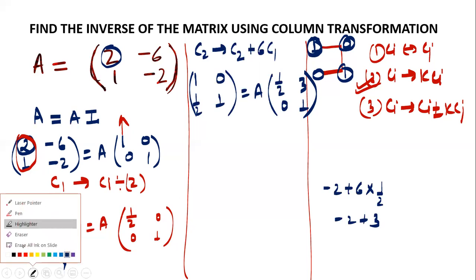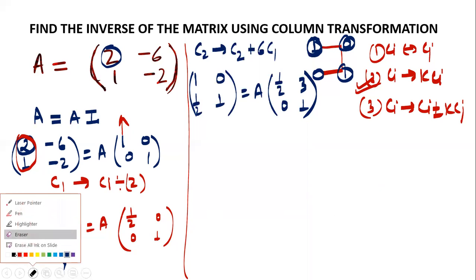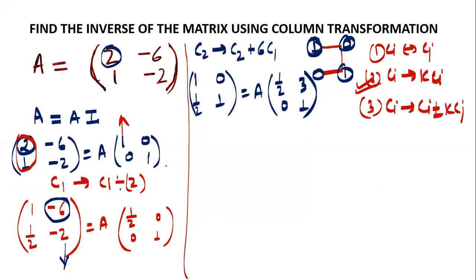Now the next step, what do I have to do? According to the pattern, this is 1, this is 0. 1 is already there. Good.